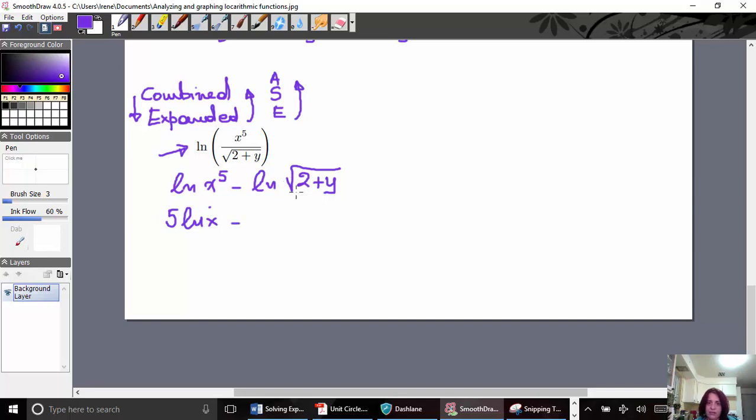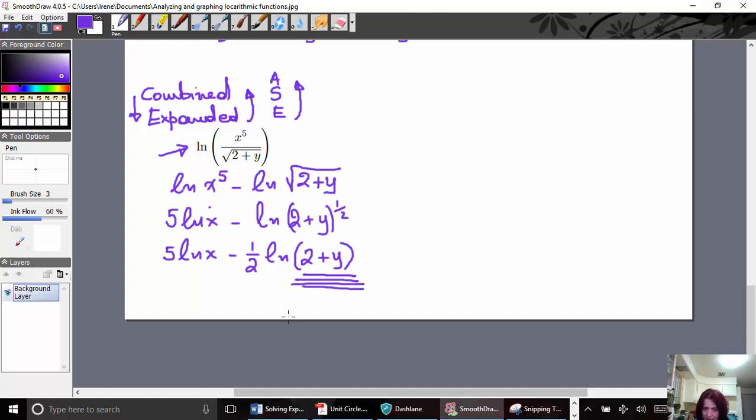The second one though is square root. I need to remember that square root is nothing else than an exponent, that is 1/2. So now I bring the exponent 1/2 down and I have 5 ln of x minus 1/2 ln of 2 plus y.